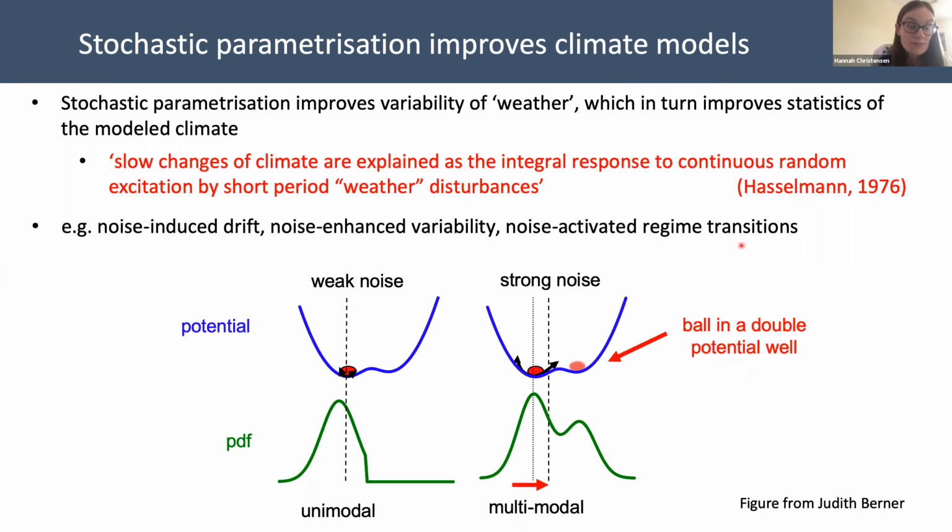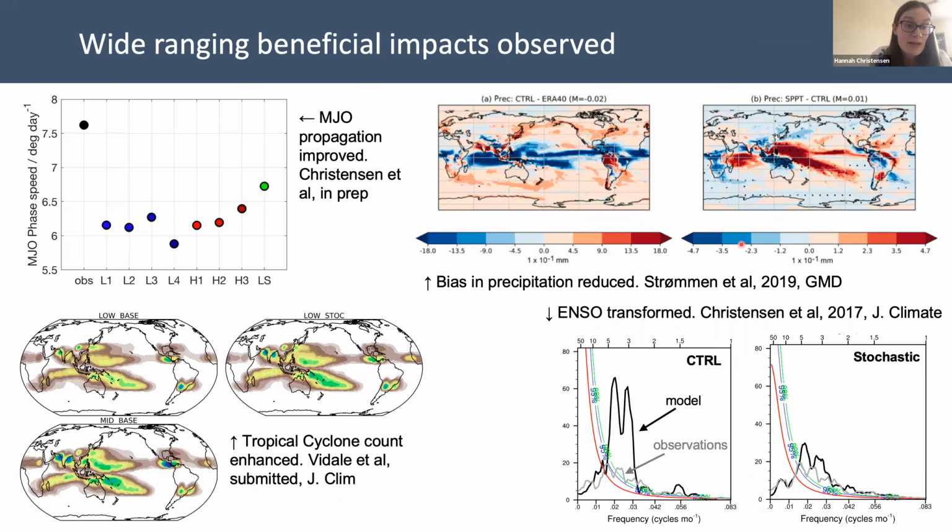And we are actually seeing these impacts in climate models. There's a lot of work that's recently been looking at the impact of stochastic schemes in climate models. I'm not going to talk about all of these examples in great detail. One thing to take away is that quite often we see big improvements in moist processes. So these very sensitive convection and cloud processes, which I've already highlighted, are very important in our models.